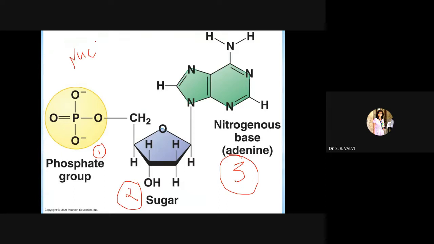Nucleotides are present in DNA. And when this phosphate group is not present, and only the sugar and nitrogenous base are there, then we call it a nucleoside.